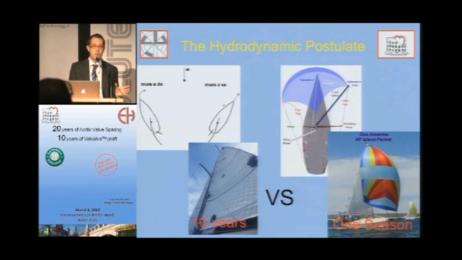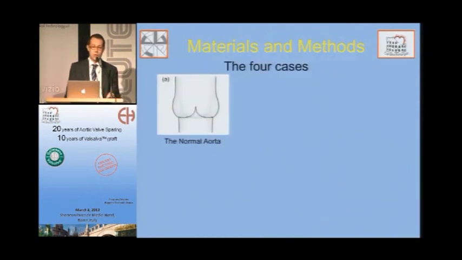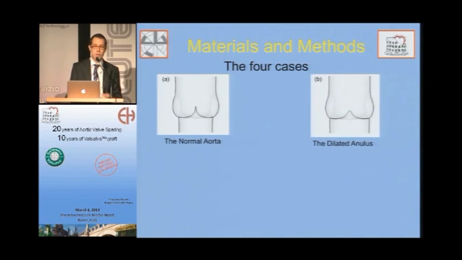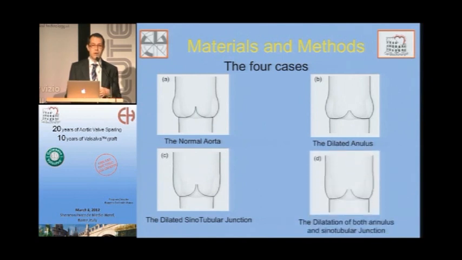So it's a dramatic difference in stress on the structures. We modeled 4 cases: a normal aorta, a dilated annulus aorta, an aorta with dilated sinotubular junction, and finally, the 4th case, the worst of both worlds.